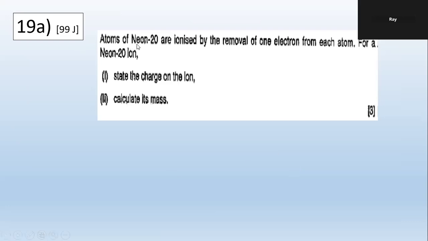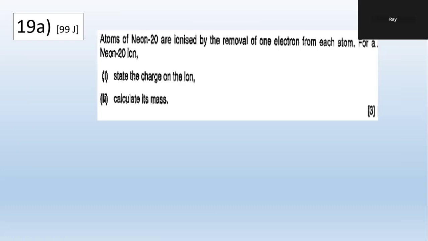Atoms of neon 20 are ionized by removal of one electron from each atom. For a neon 20 ion, state the charge on the ion. This is mainly AS work.